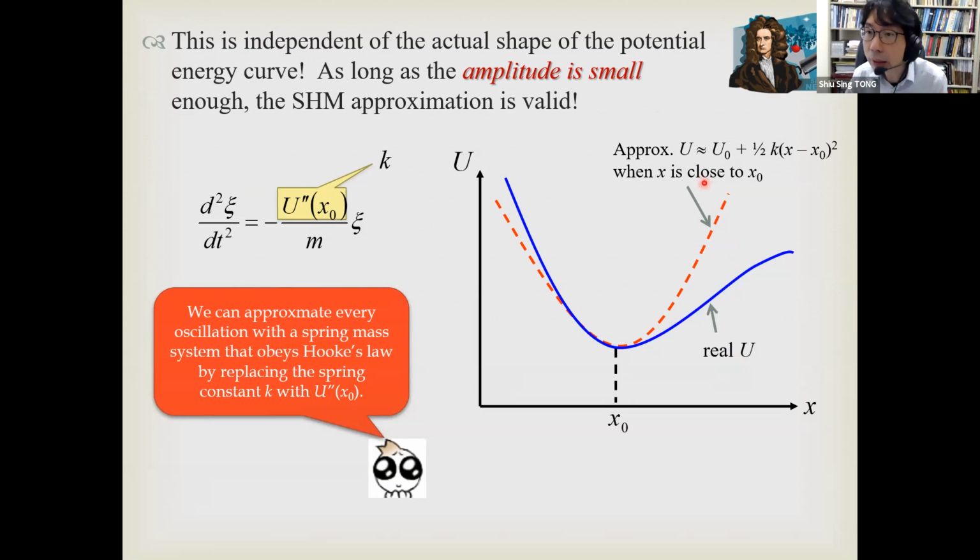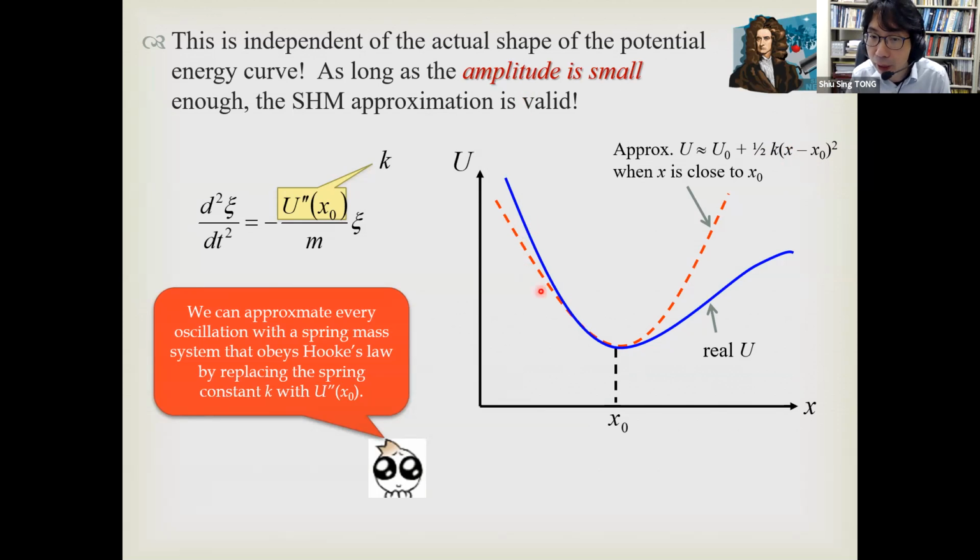But what we have done is that we want to approximate the potential energy curve by the red curve, which is a quadratic equation. The quadratic equation goes as a constant term plus a term that is proportional to x minus x naught squared. You can see this is actually a parabola, and the minimum of the parabola is of course at x equal to x naught, where this term vanishes.